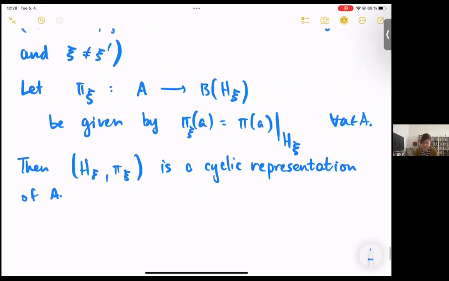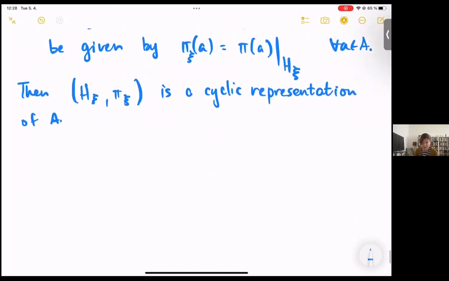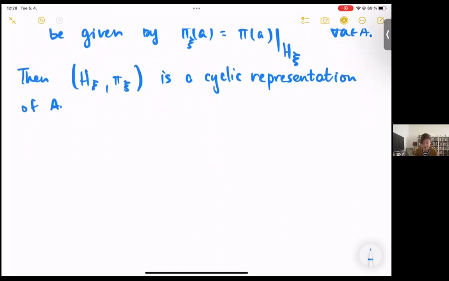Since these H_psi's are by assumption pairwise orthogonal, their direct sum is a Hilbert space inside of H.